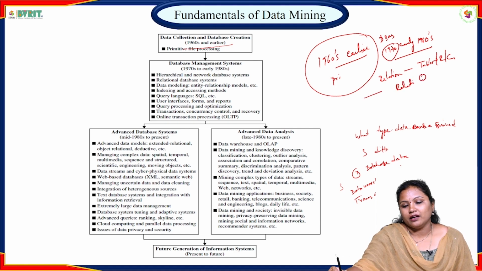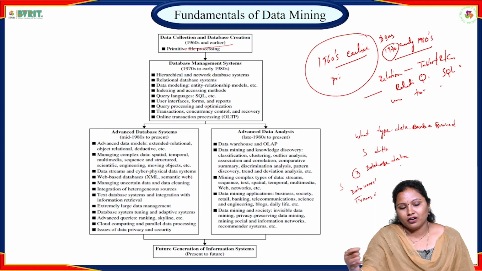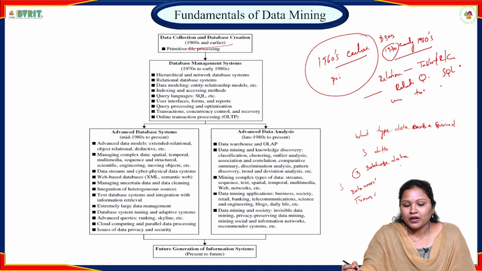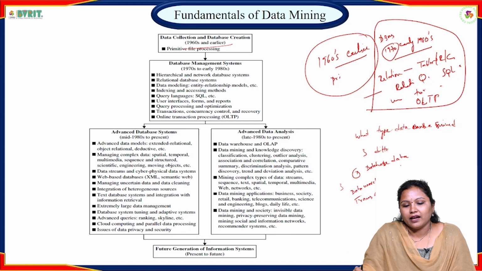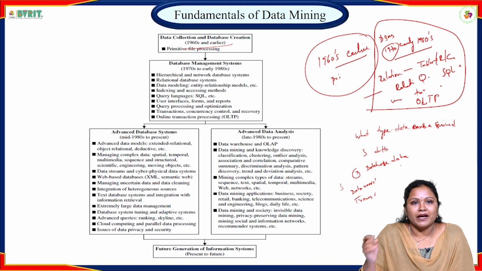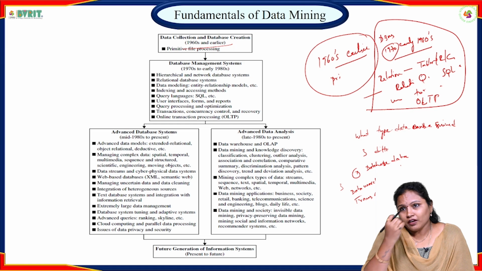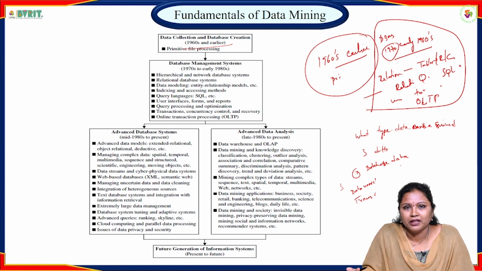Query languages are nothing but SQL, etc. User interfaces, forms, reports, transactions, concurrency control and recovery, OLTP, online transaction processing. These came into existence in the 1970s and early 1980s. This is nothing but the database management system. Here the data will be stored in the form of rows and columns, in the form of tables, and from that we do different mining of the data.